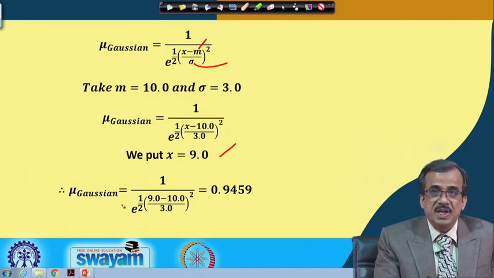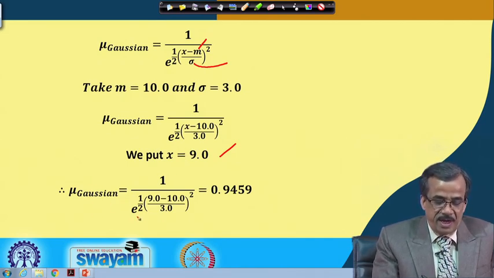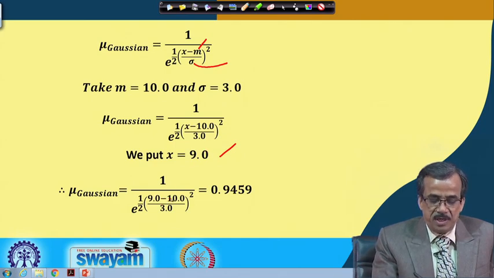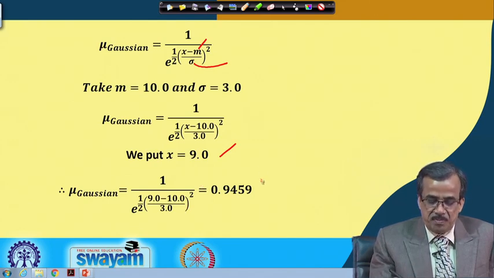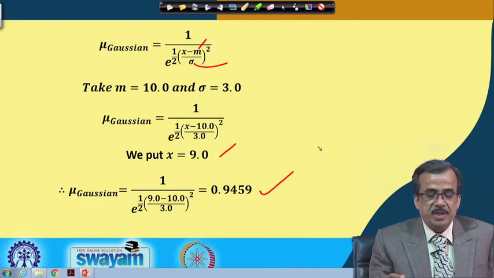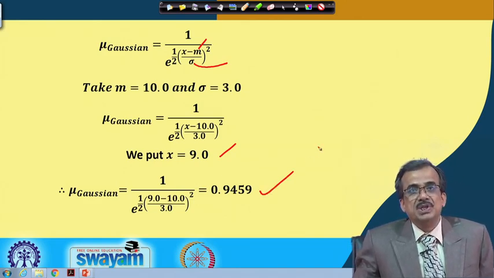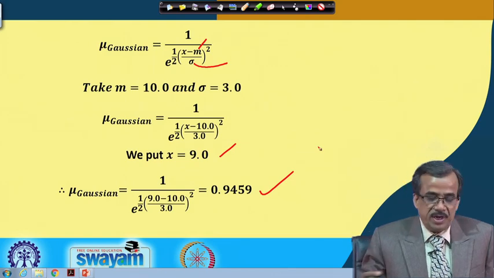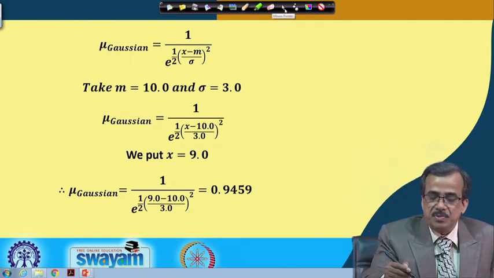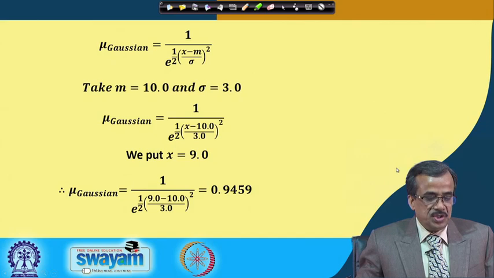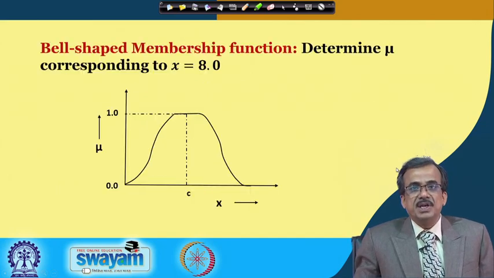Then mu Gaussian is 1 divided by e raised to the power half into (9.0 minus 10.0) divided by 3.0, whole square, and if you simplify you will be getting 0.9459. So, we can find out the membership function value corresponding to the Gaussian distribution. This is how to tackle the Gaussian distribution.